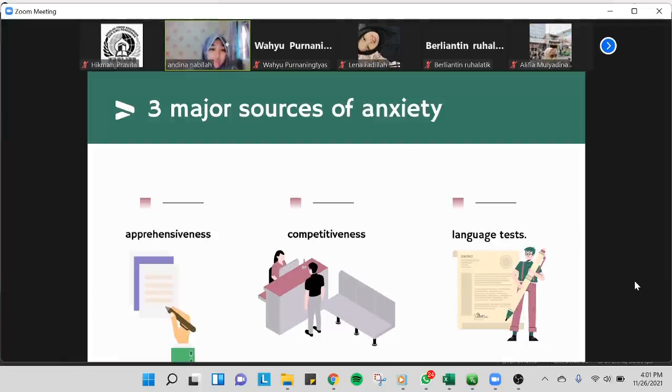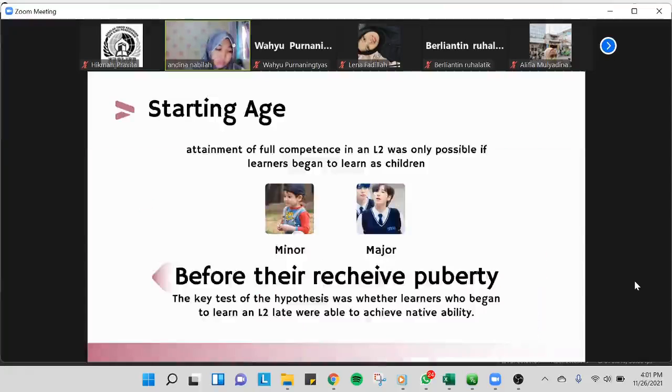For the first, we have apprehensiveness. Apprehensiveness is when we focus on ourselves, on the task, and not on everything we learn in the classroom. Then competitiveness is also about ourselves, competing with another person. Then the last is language tests. The starting age is one of the factors of this method.